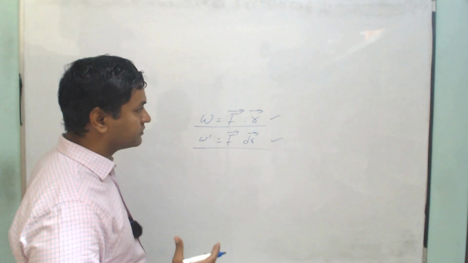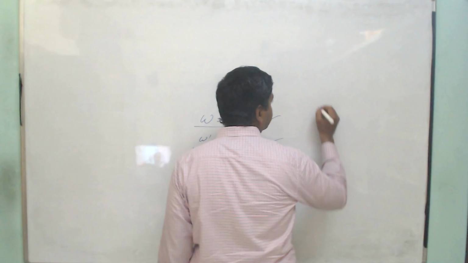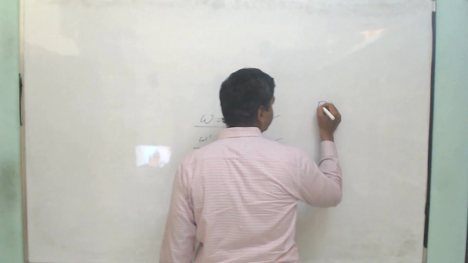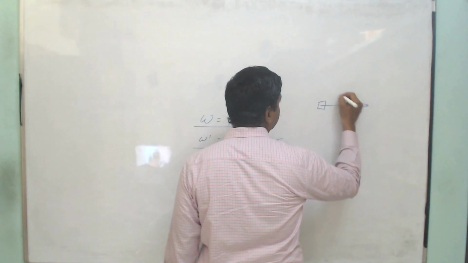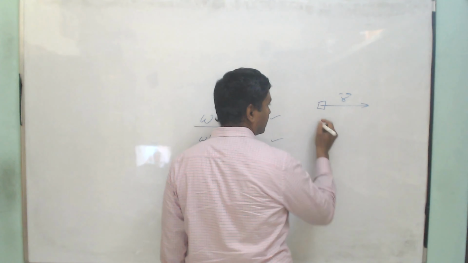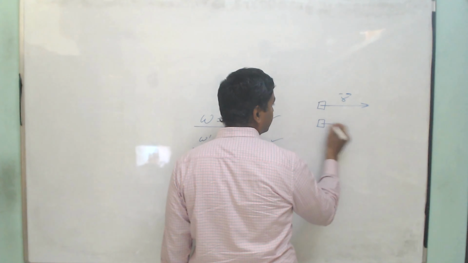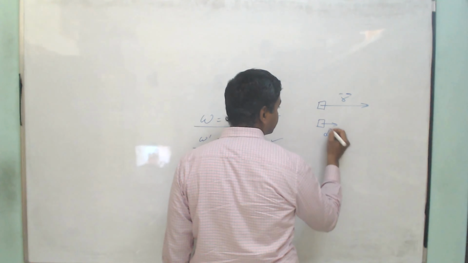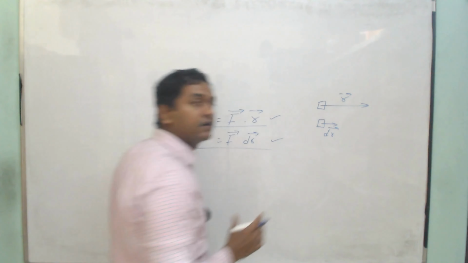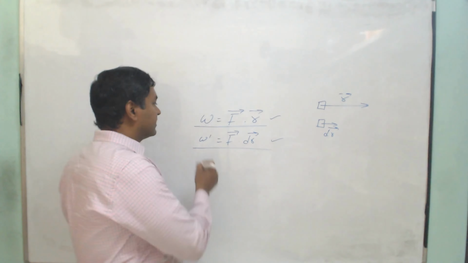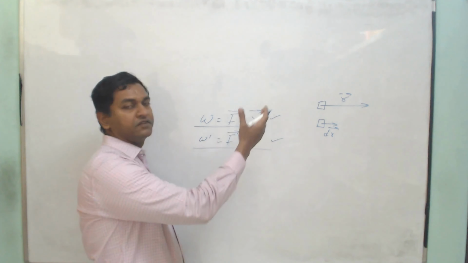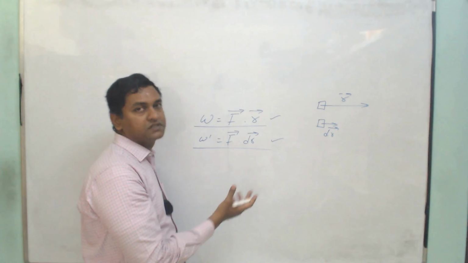I am just saying that suppose I take a block from here to here, r bar, or I take a block from here to here and say dr bar, eventually I will get some work done for that, some work done for this.